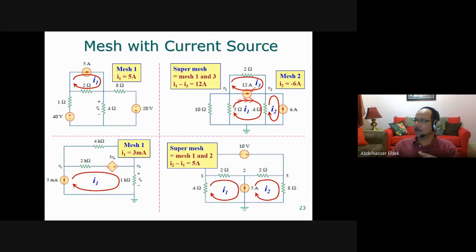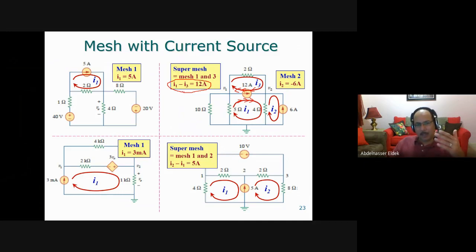I3 is opposite to it. So it will be I1 minus I3. It must be minus. It cannot be I1 plus I3. It must be current minus current. You must have I1 minus I3 or I3 minus I1. You don't have a third option.